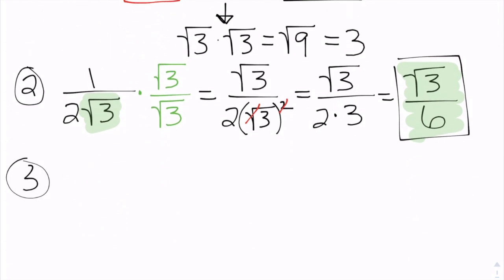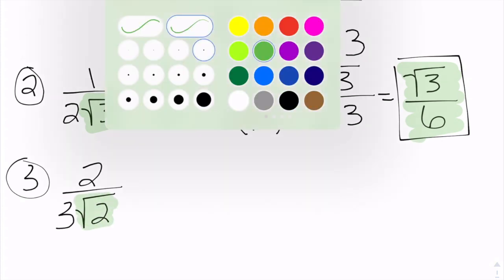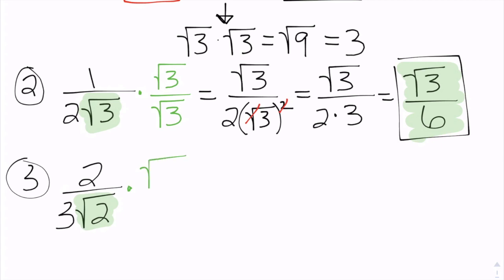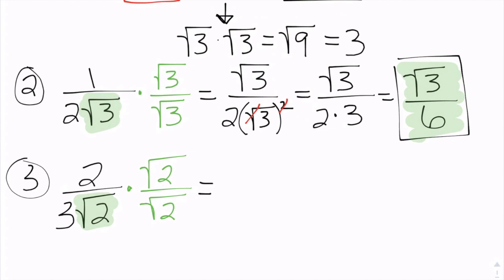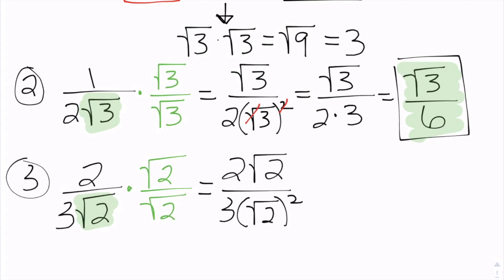Example 3, if we have 2 over 3 square root of 2, the square root of 2 is our radical. So we're going to multiply our fraction by the square root of 2 over the square root of 2. Now we multiply numerator by numerator, so 2 times the square root of 2, over denominator times denominator, so 3 times the square root of 2 squared.